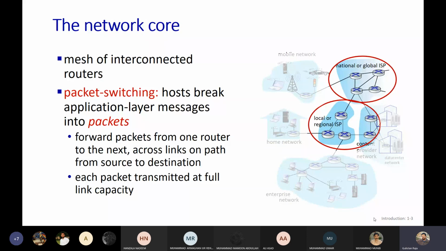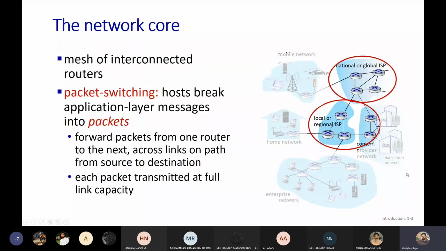If you look at the right side, this is the same diagram which we have been studying from the last class. So we have different networks, and we have hosts or end systems. And if you recall, last lecture we studied end systems, physical media, and different kinds of networks.